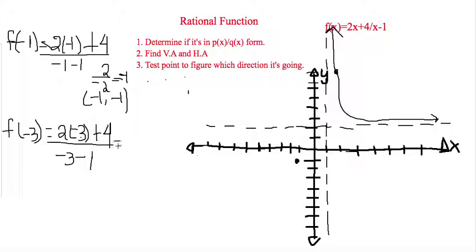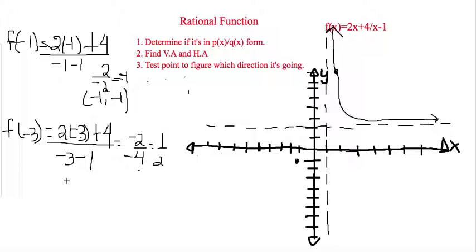And that should equal, okay, so 2 times -3 is -6 plus 4, which is -2, over -3 minus 1, which is -4. And that is reduced to +1/2, right?